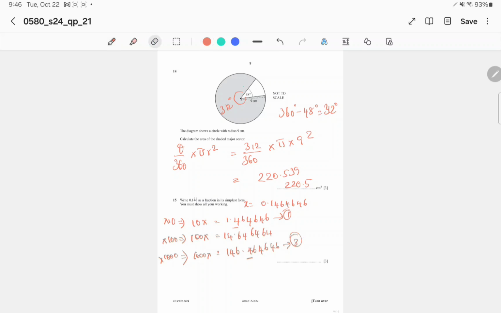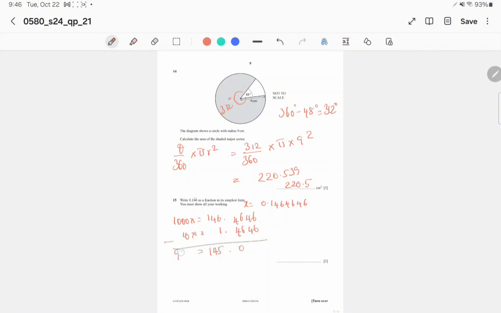I will erase this part and we will continue. So the first and third equations I am writing. 1000x equal to 146.4646, and for 10x I am writing 1.4646. We are subtracting, so the decimal part is 0 and this part is 145.